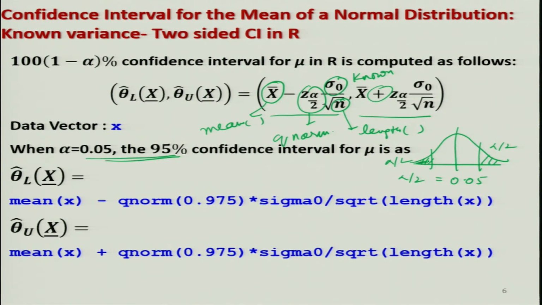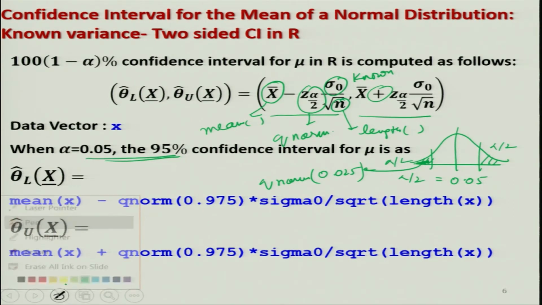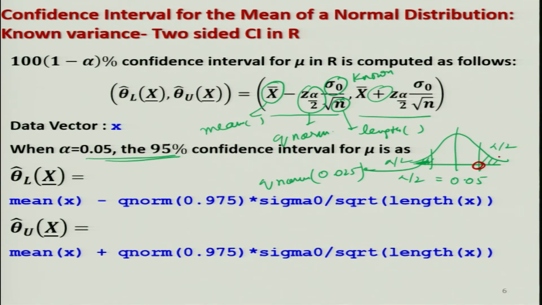So, this area here is going to be 0.025 quantile. So, this can be obtained by here q norm 0.025 and this point here, this area here is 0.025. So, this point is actually here this side, this is the point here which is 97.5% of the area. So, this is here 97.5th quantile, right. So, you can obtain any of this value and then you have to use it appropriately, right.